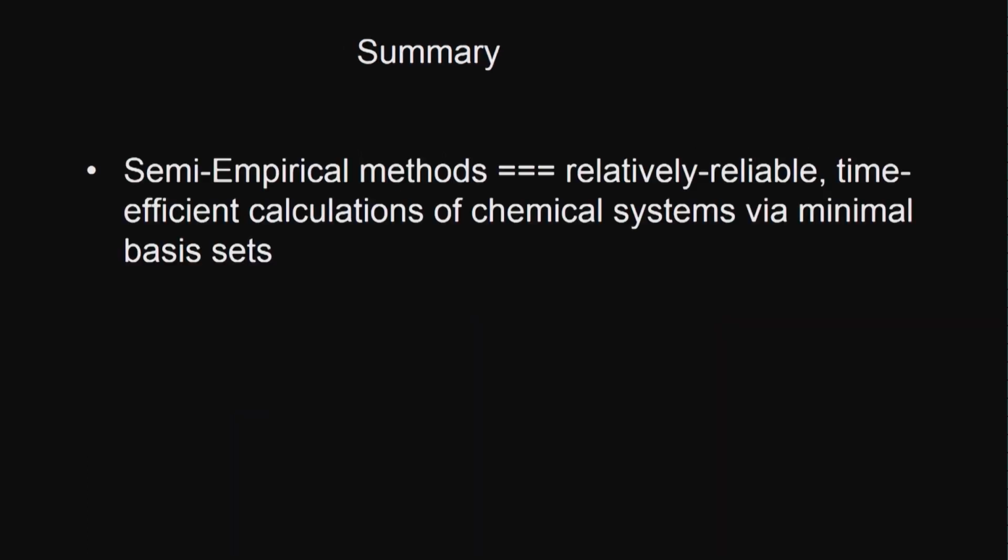So, semi empirical methods give relatively reliable, time efficient calculations of chemical systems via a minimal basis set. So, that is the main advantage of a semi empirical method. So, we can look at bond breaking, bond forming, the activated state, ground state of molecules.